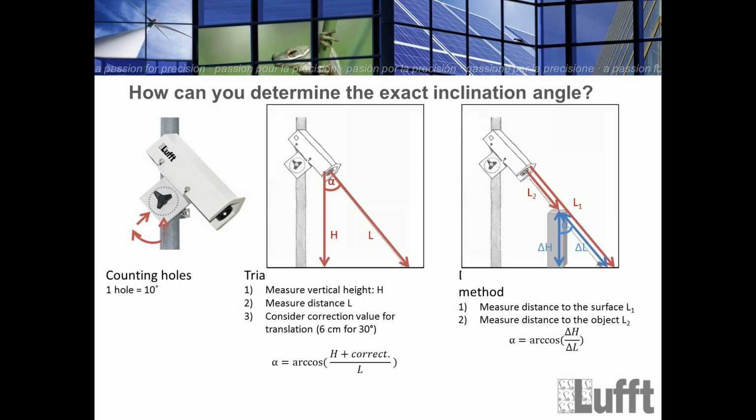Of course, one is you already have this 360-degree pattern, the pattern disk, and if you don't care about too much precision, you can just look vertically to the ground and count the number of holes. You can just rotate the sensor and find out, okay, now I changed it 3 holes, which means 30 degrees.